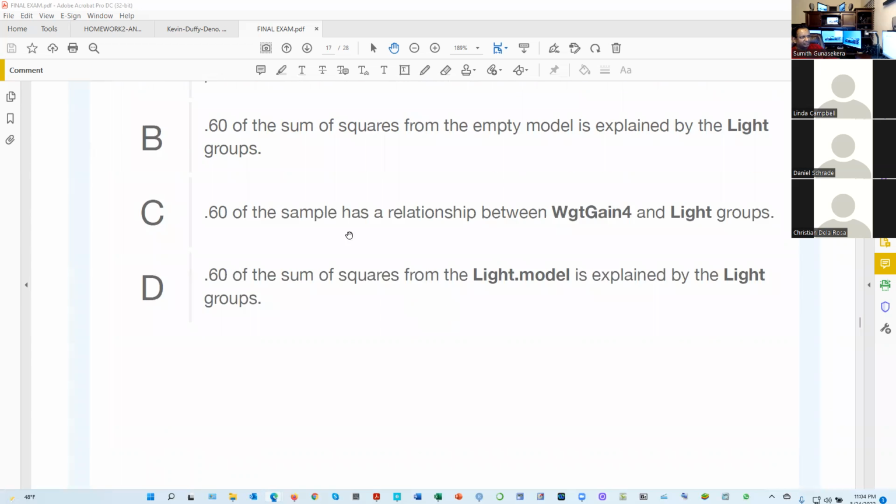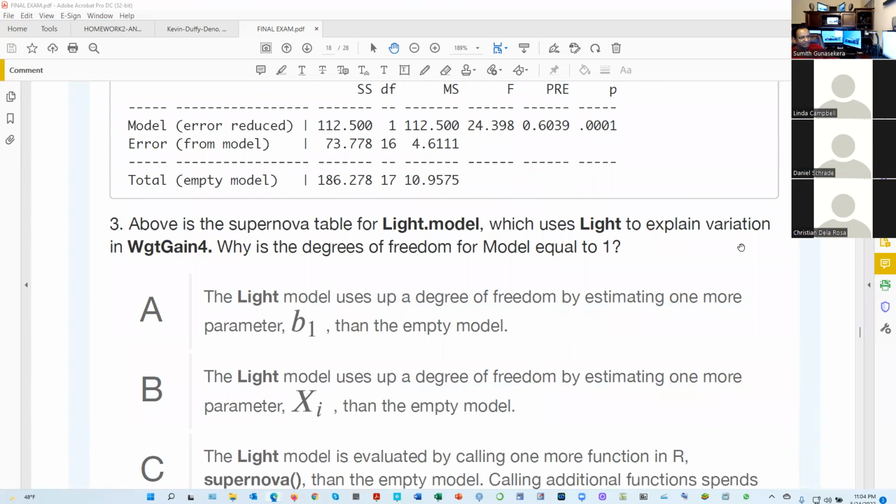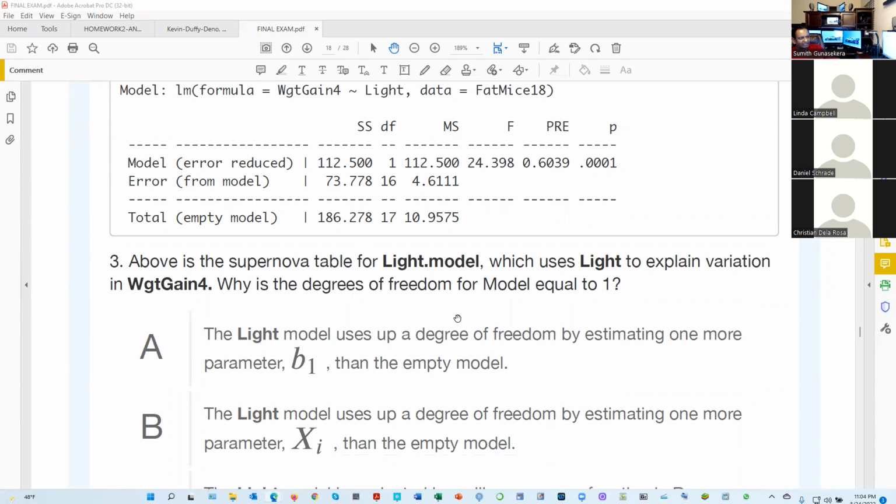Okay, so B. Again, above is a supernova table for light. Explain why the degrees of freedom for the model is equal to 1. This one equals 1. 3a: The light model uses one more degree of freedom by estimating one more parameter, B1, than the empty model.